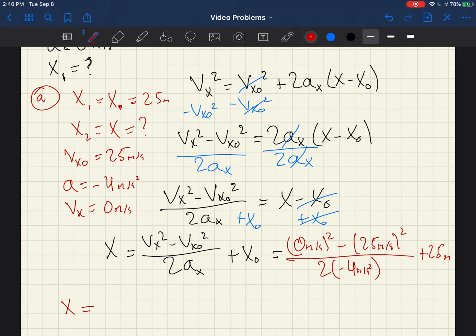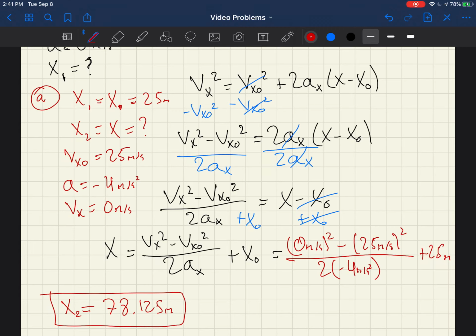The bottom is -8, so 625 divided by 8 is 78.125. And the negatives cancel out, so I'm left with 78.125 meters. Okay, so that's how far, x2 if you will, it's traveling during that stopping time.